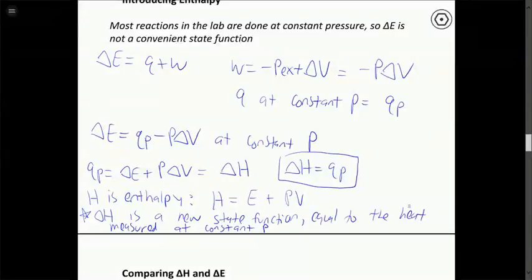If we measure the heat at constant pressure, that directly gives us this new state function delta H, which is related to the change in energy but is defined slightly differently.